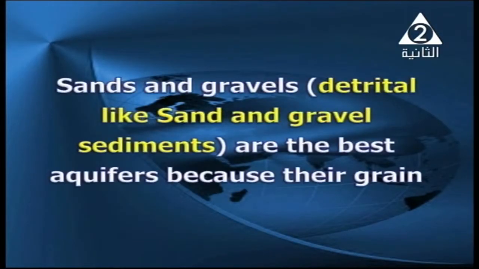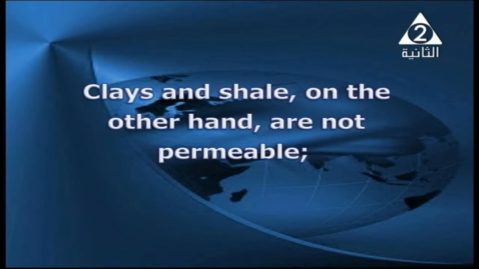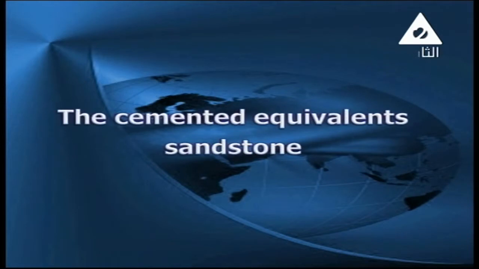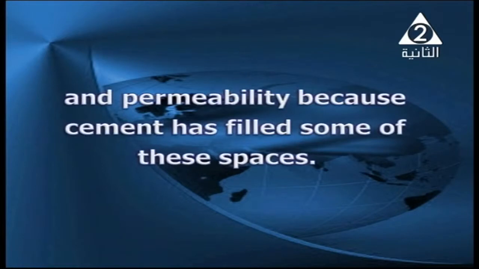Sands and gravels, detrital sediments, are the best aquifers because their grain size allows them to be both porous and permeable. Clay and shale, on the other hand, are not permeable. The cemented equivalents, sandstone and conglomerates, have low porosity and permeability too, because cement has filled some of these spaces.